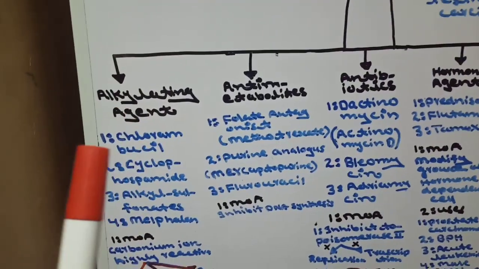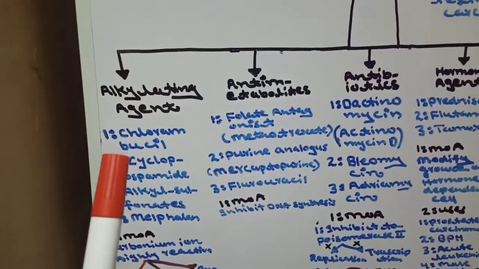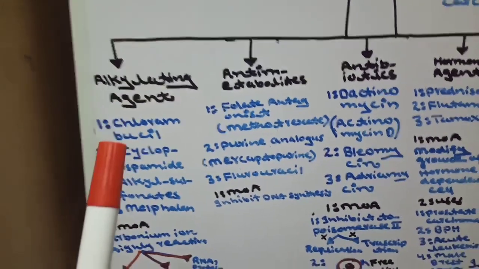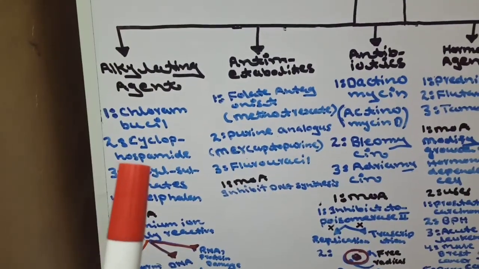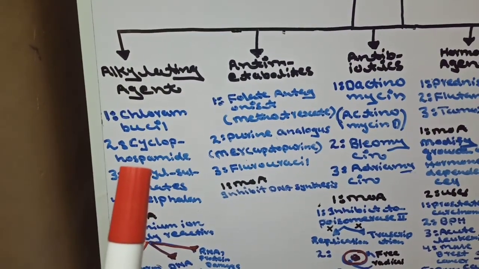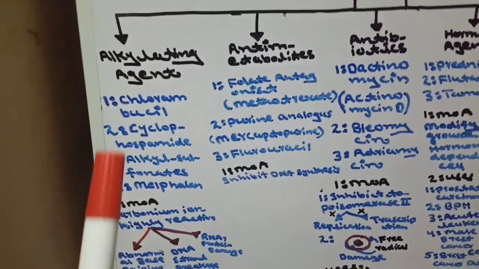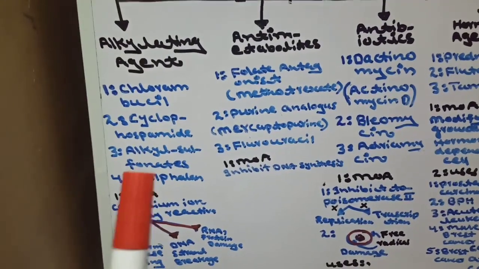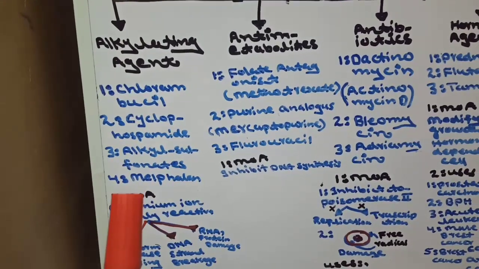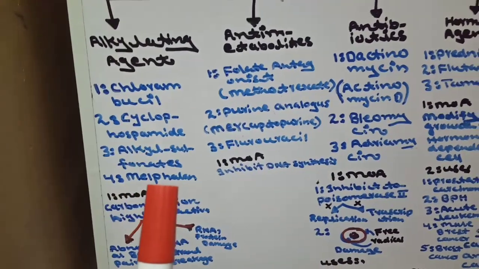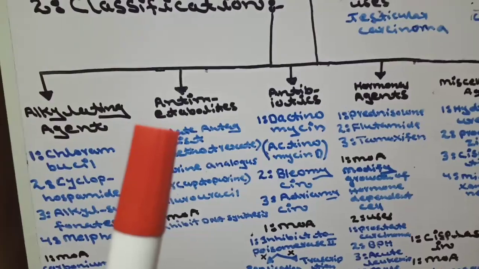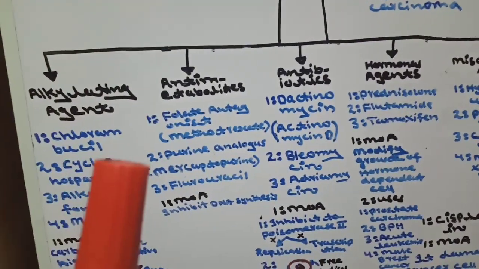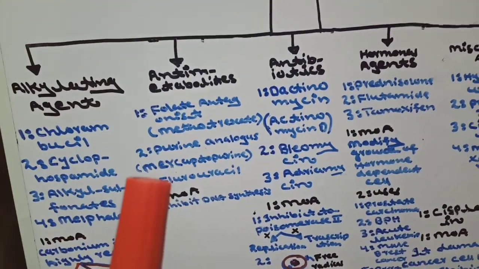In alkylating agents, the first drug is chlorambucil. The second drug is cyclophosphamide. The third drug is alkyl sulfonate. The fourth drug is melphalan. In antimetabolites, there are 3 drugs.